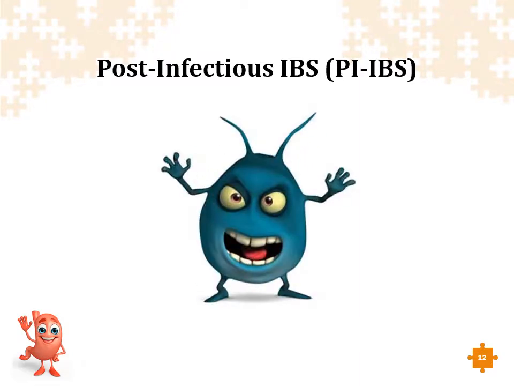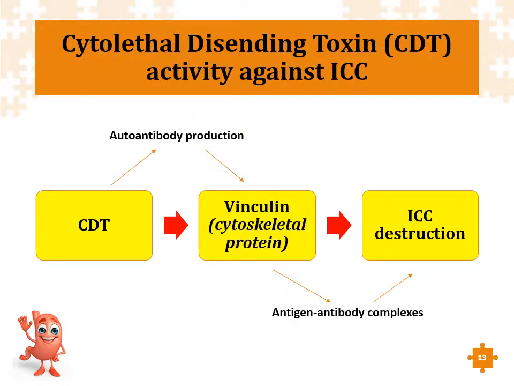Many people have their small intestinal bacterial overgrowth issue triggered because of some kind of infection, separate from Helicobacter pylori. These could be viruses, parasite infections, or other bacterial infections. And what happens is there's a toxin called CDT, cytolethal distending toxin.